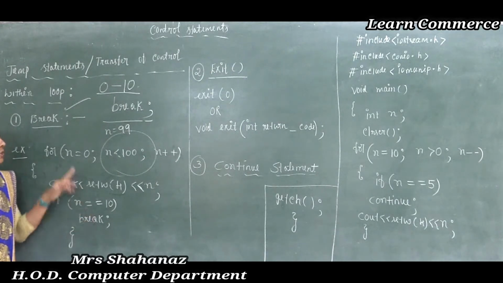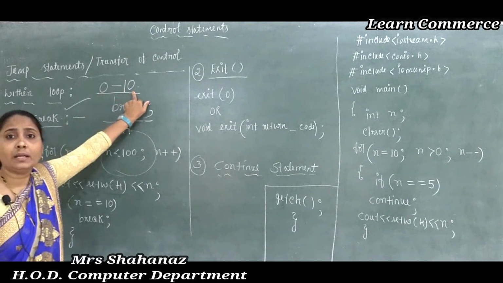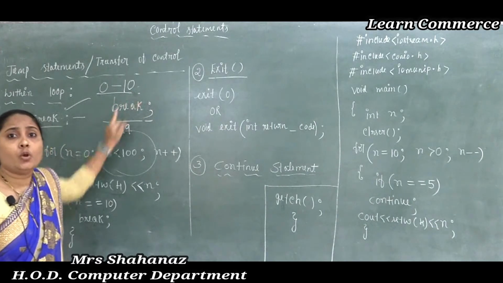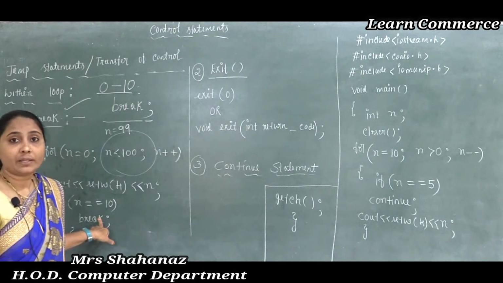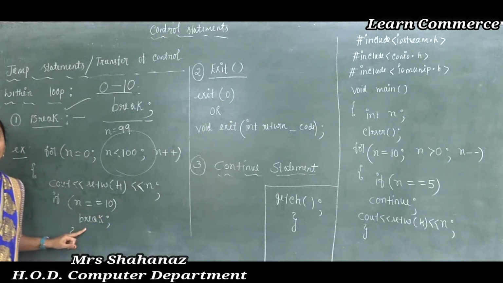In this case, this example says that it is going to print the numbers from 0 to 10, and then the loop terminates. After that the loop terminates because of break. So we can say that the break causes immediate exit from the loop.